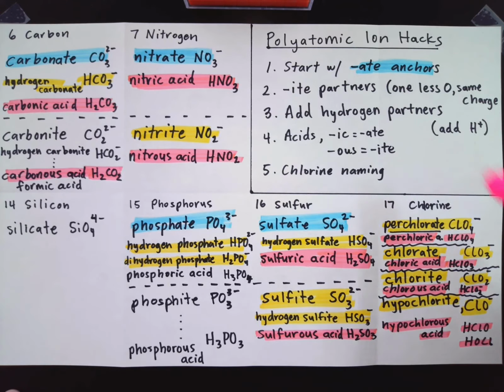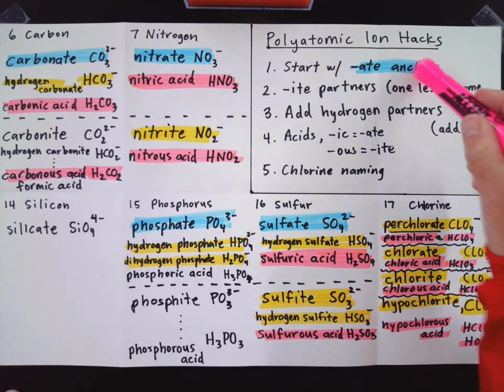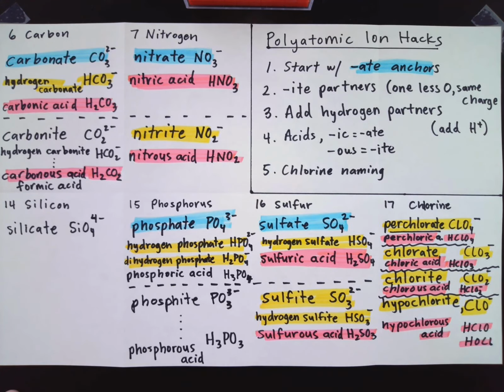Again, I would argue that if I can remember these five things and my anchors, I can work through and build out a pretty complete list of polyatomic ions and acids.